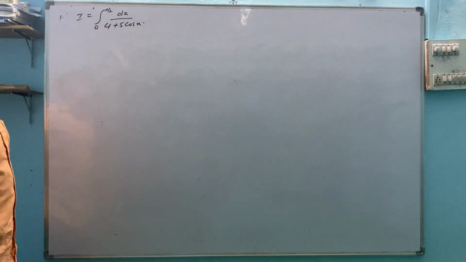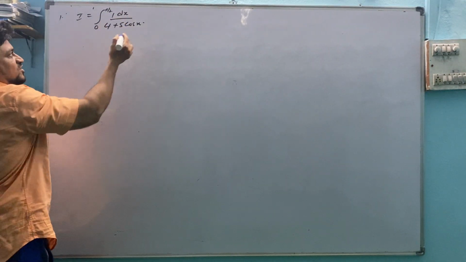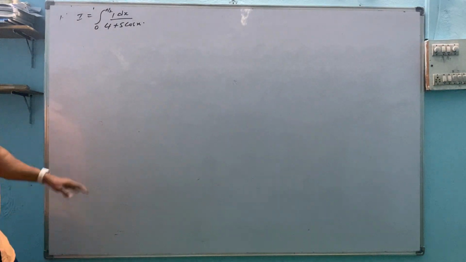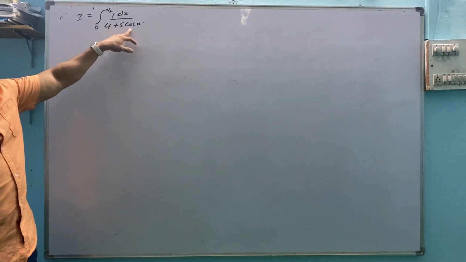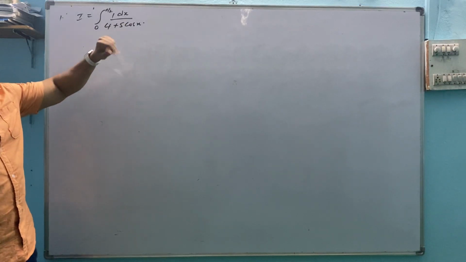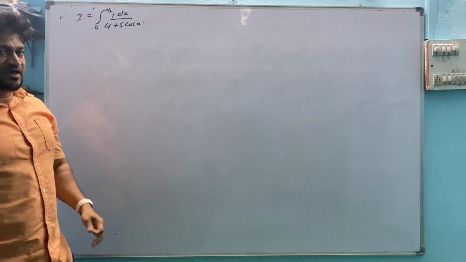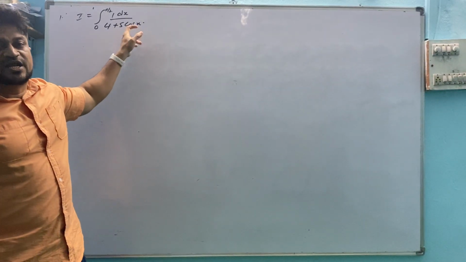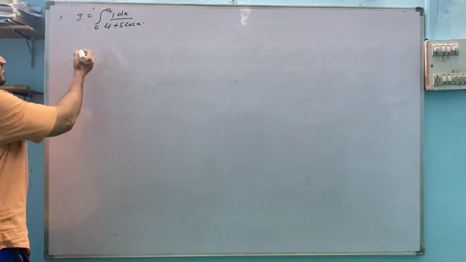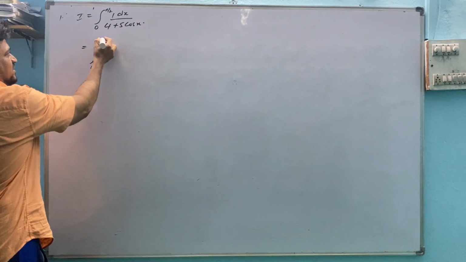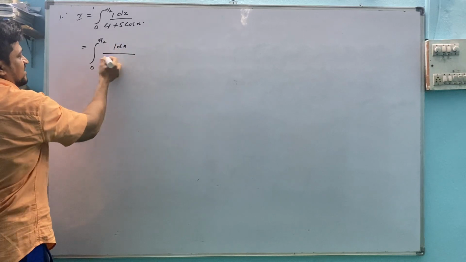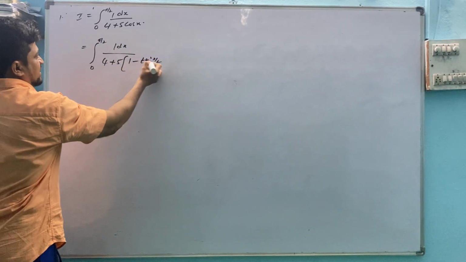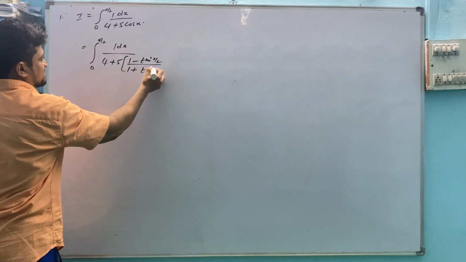Integral 0 to pi by 2 of 1 by 4 plus 5 cos x dx. First, when we have a denominator with a cos term or sin term, as in the types you have done, in type 1 if the numerator contains 1 and the denominator contains sin and cos, we convert this in tan. Same thing we will do here. Integral 0 to pi by 2 of 1 dx divided by 4 plus 5 into (1 minus tan square x by 2) by (1 plus tan square x by 2).